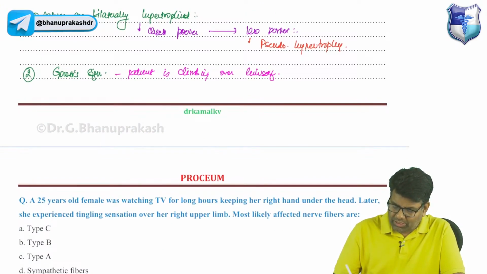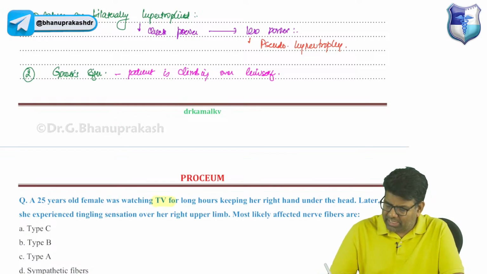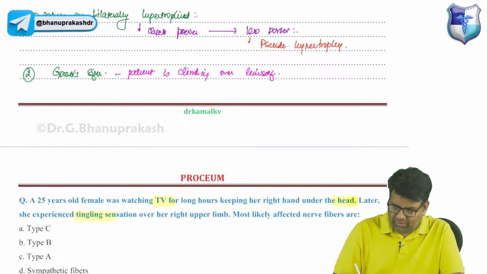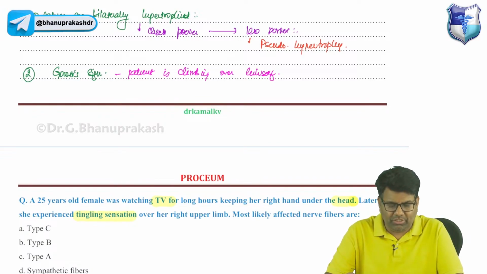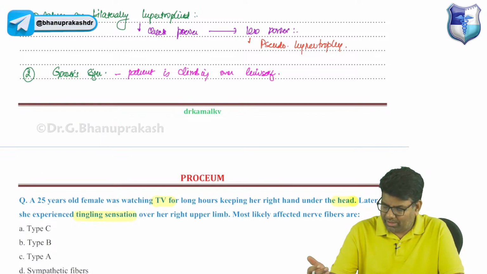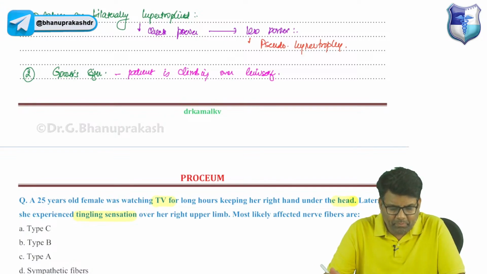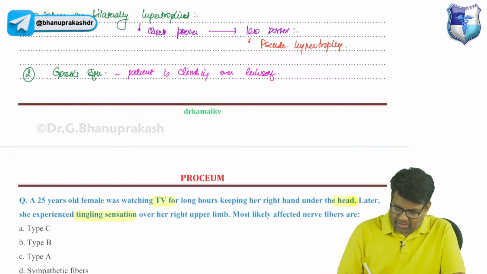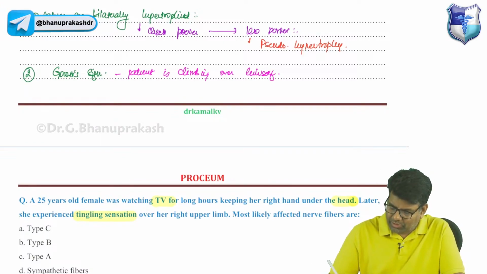A lady was watching TV for long hours and she kept her hand under the head. Later on, she developed tingling sensations. Now, which nerve fibers will be affected? Now here, this is actually the pressure effect.